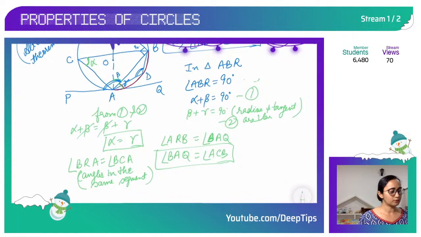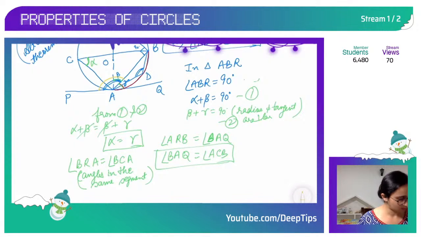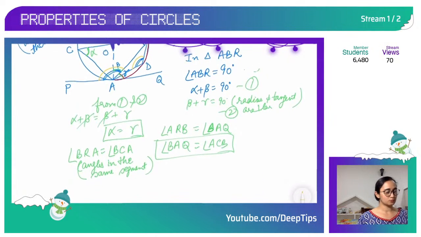So now how do we do angle PAB? Okay, PAB equals ADB. Now if you look here, this is my PAB, okay, and here is my ADB. I have to prove these two angles are equal. So this is very easy to do.